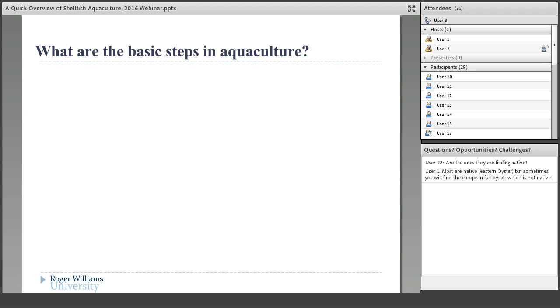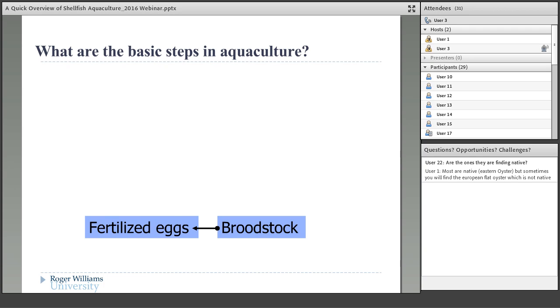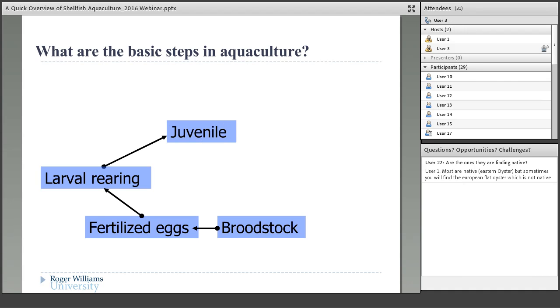So let's talk a little bit about what one does when one undertakes shellfish aquaculture. It starts with an identification of broodstock. Those are the adults that will provide the eggs and sperm that lead to fertilized eggs. Those fertilized eggs develop into a larval stage where they're reared under special conditions, and eventually they go through metamorphosis and transition to juveniles.